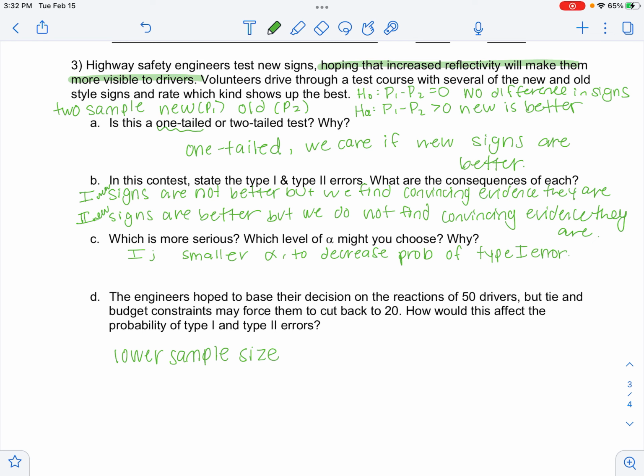A larger sample size is always better. So if I lower the sample size, that will lead to higher chances for all error, both type 1 and 2, because it just makes our data less accurate.